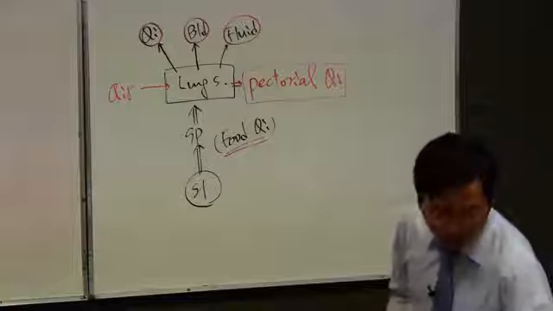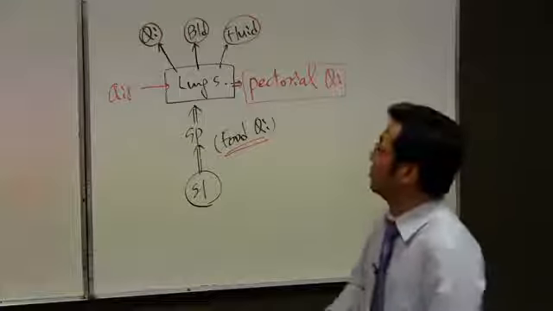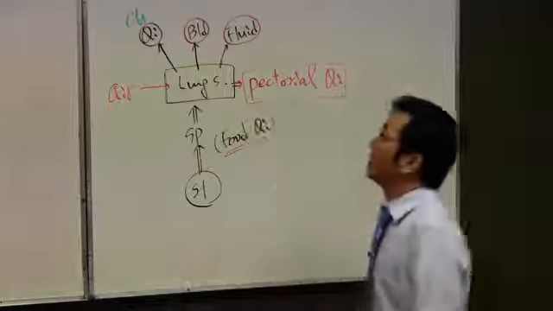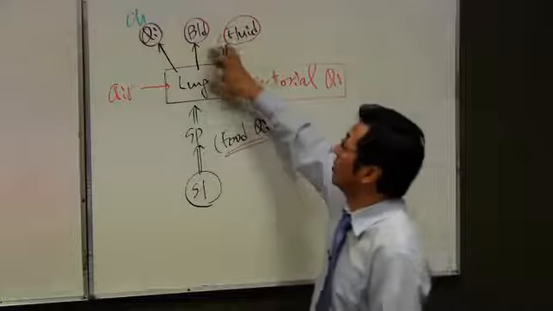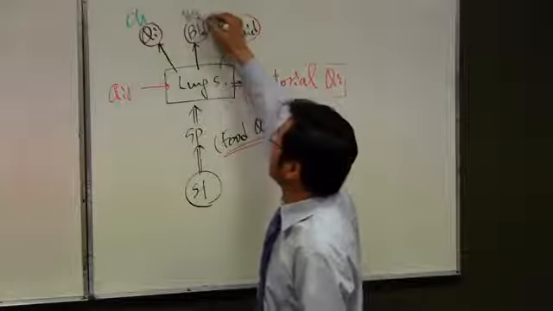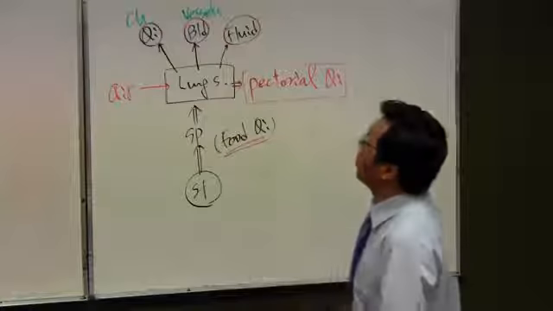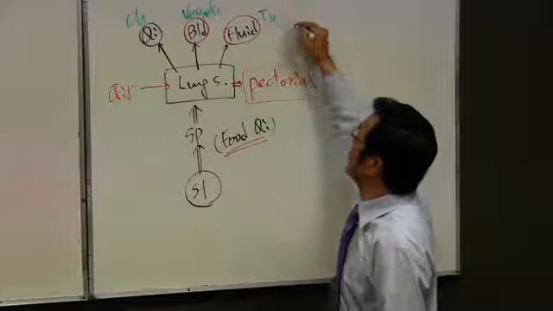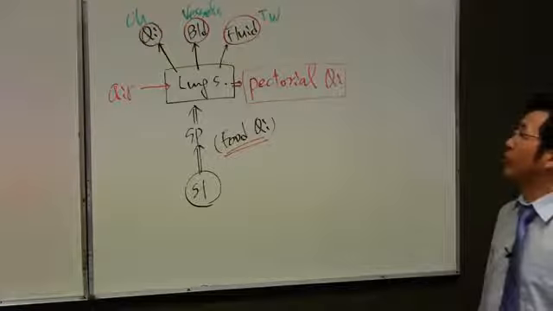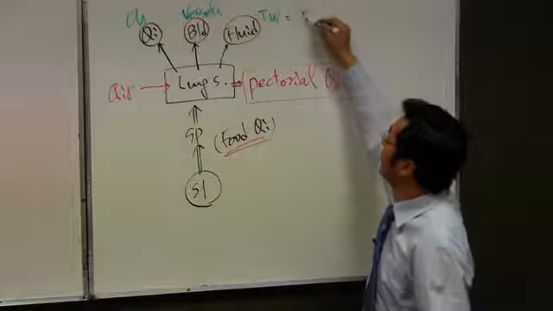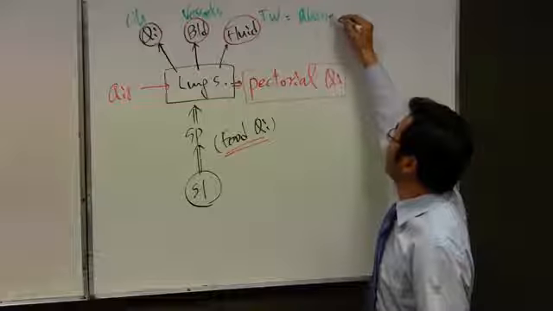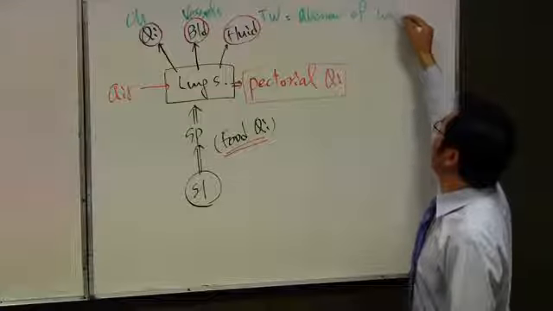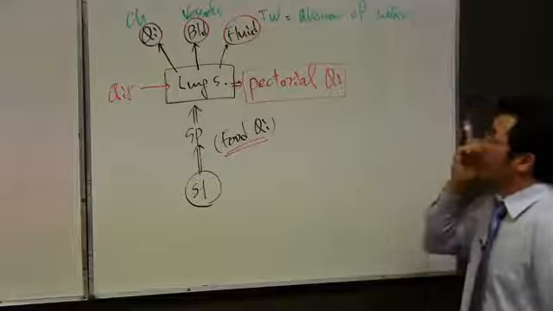The chi follows the channel, and the blood follows the vessels. And how about the fluid? The triple burner, or triple warmer, which is called the avenue of the water, which is the water passage.